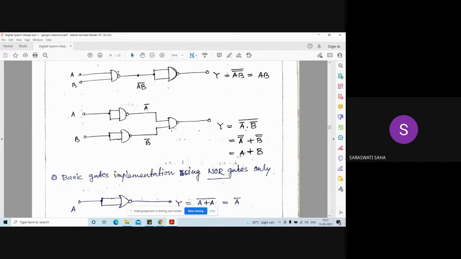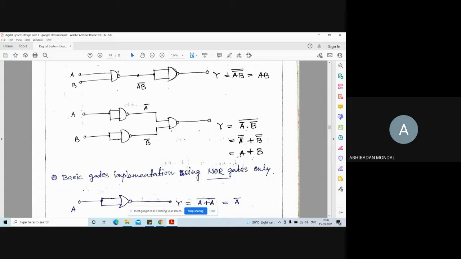Then take the NAND of that. So one input is A naught, another is B naught. What will be the output here? This is NAND. So one variable is A naught, another variable is B naught. So they are in NAND operation. So A naught dot B naught gives us AND, and then complement.